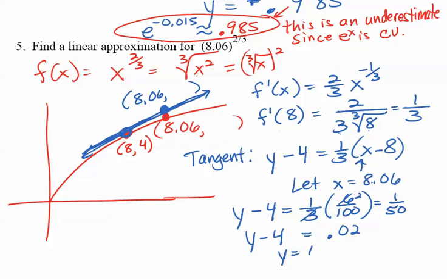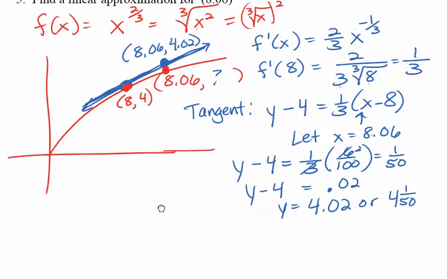So whether you give the answer as 4.02 or 4 1/50th, remember that that is the blue point here. 4.02 is not actually the red point we're looking for, but we're saying that it's a close approximation.